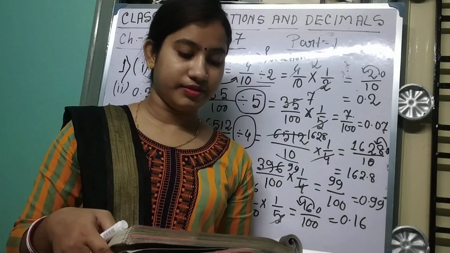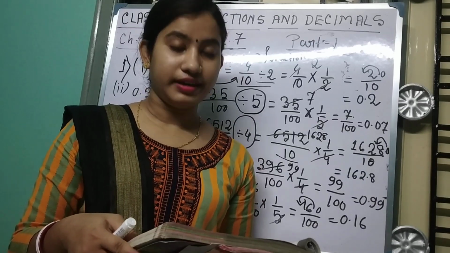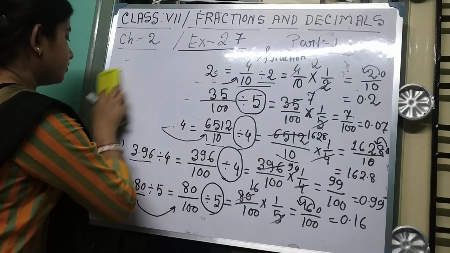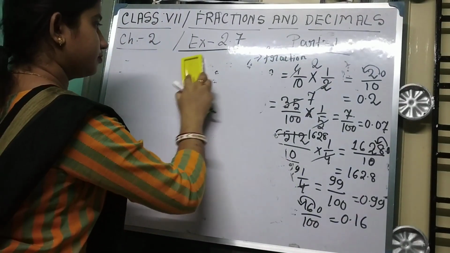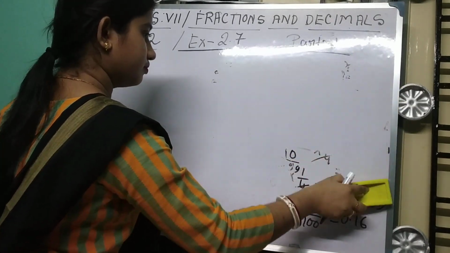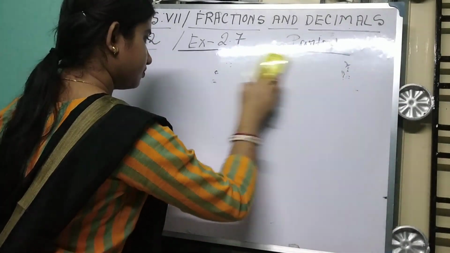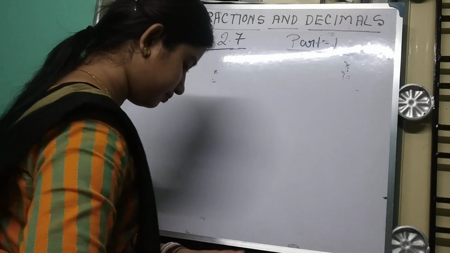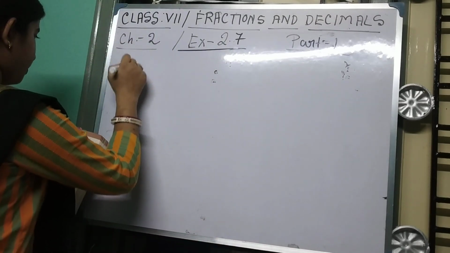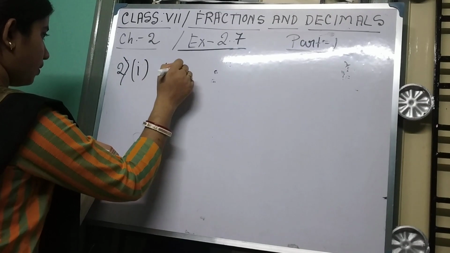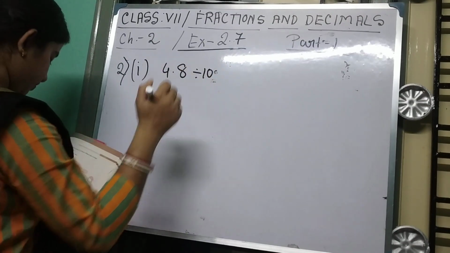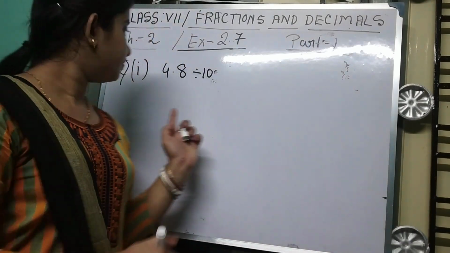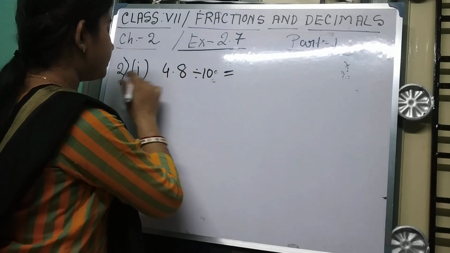Next we try the same, division of a decimal number by 10. Here at first number 1 is given, 4.8 divided by 10. In a similar way as the first, this is same as number 1.